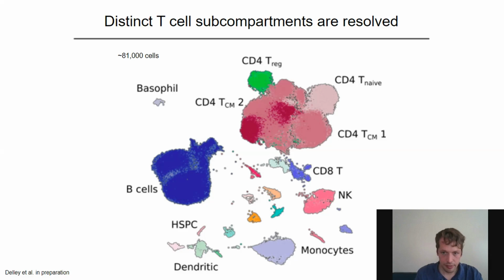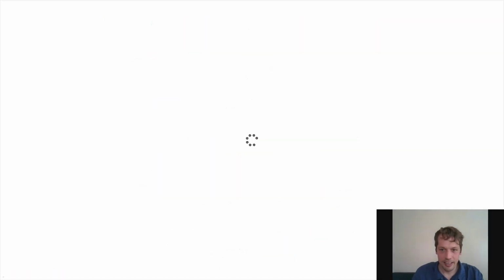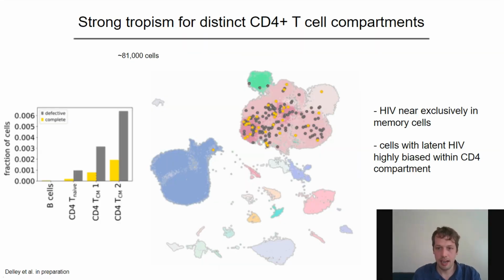So you can ask yourself, where do you think HIV is in this? If you look at the genomic readout, we detect HIV exclusively in the CD4 T central memory compartment. This is very exciting. It is also what we would expect from what people have been doing previously.